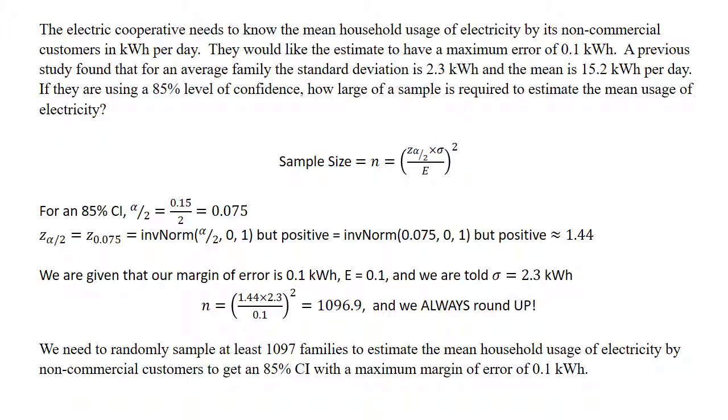To find the z-score, the number of standard deviations from the true mean, to cut off that 7.5% area on the lower tail, we go inverse norm, type in that area, 0.075. Because we are looking for number of standard deviations, we're assuming that we have a mean of 0 and a standard deviation of 1. So inverse norm, 0.075, comma 0, comma 1.